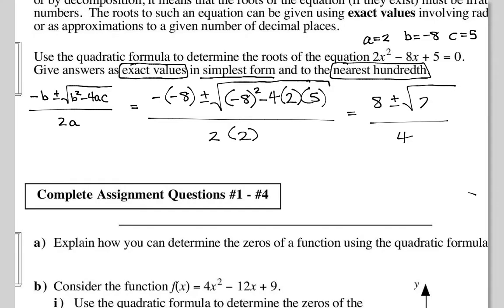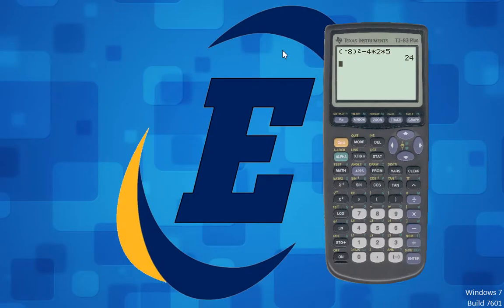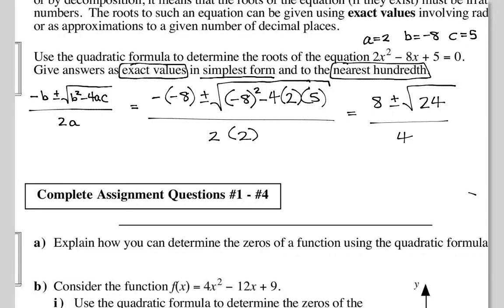So then we can replace all that nastiness with 24. Now, the square root of 24, go ahead and check that. The square root of 24 is irrational. In other words, it's not a perfect square. So then we have to use our skills from a previous unit. So we have 8 plus or minus all over 4. How can we simplify square root 24?